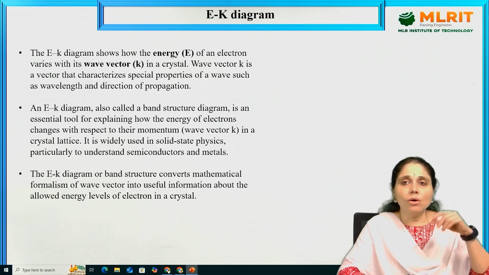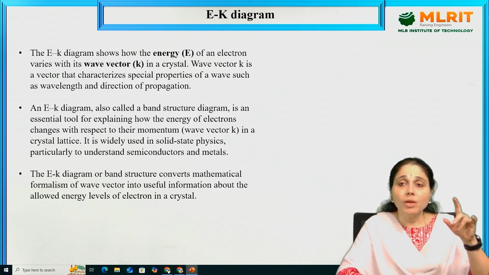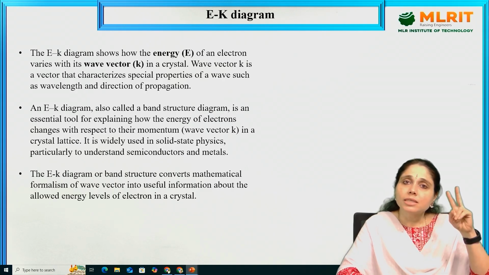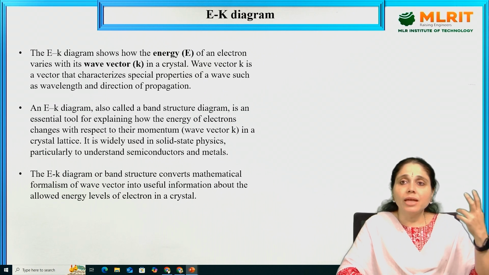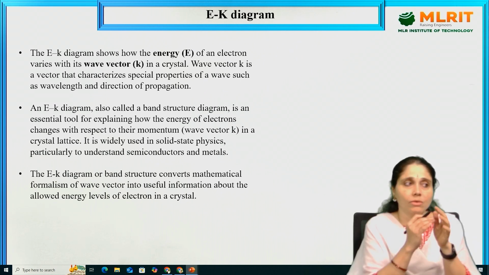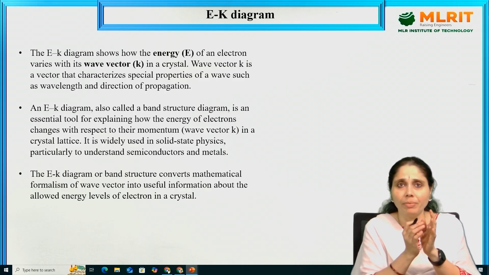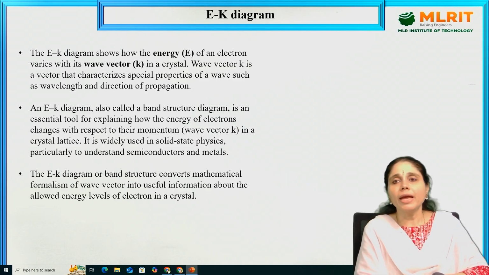It studies the movement of electrons in a periodic lattice. So, this is the EK diagram introduction.